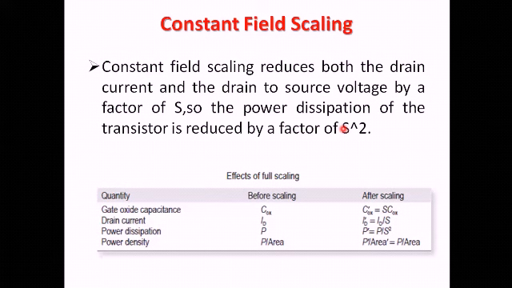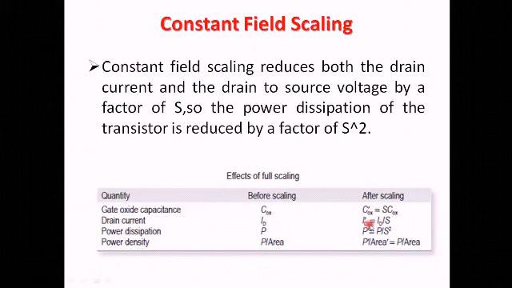Now, the things I've said are all summarized, with changes in the key device characteristics, in this table as a result of the full or the constant field scaling. We can see that the gate oxide capacitance before scaling was Cox. So C dash ox is equal to S into Cox. Already you know that. Next is drain current, ID.